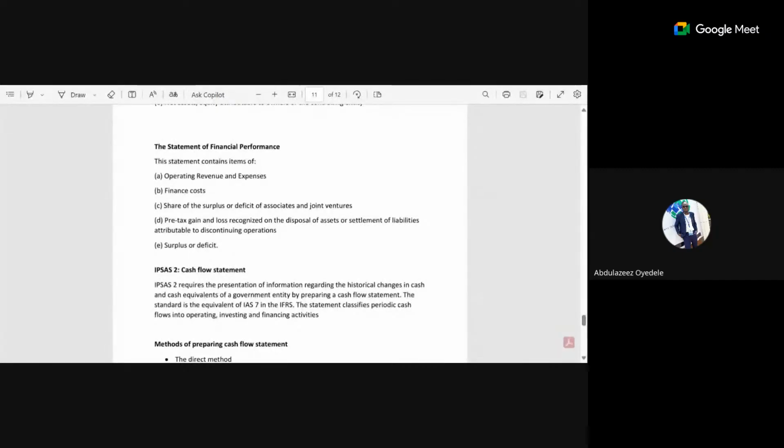And I believe we still remember the components that we mentioned of the financial statements under cash basis last week. Maybe if somebody can quickly mention 4 or 5 important ones.